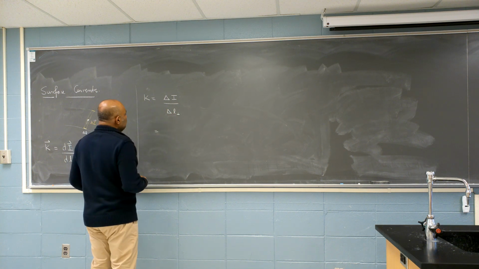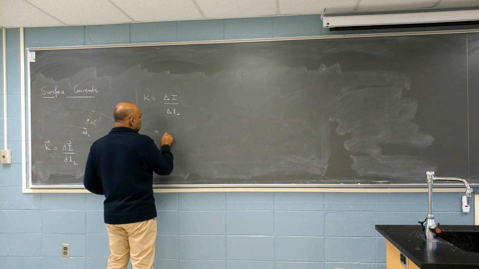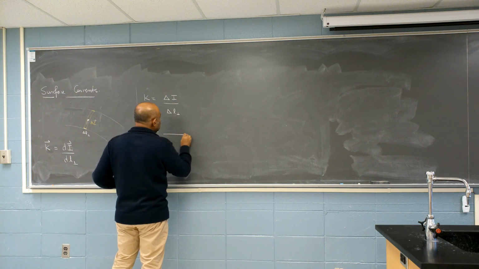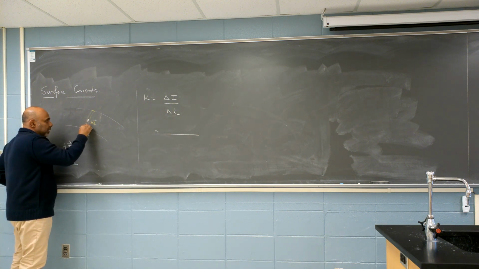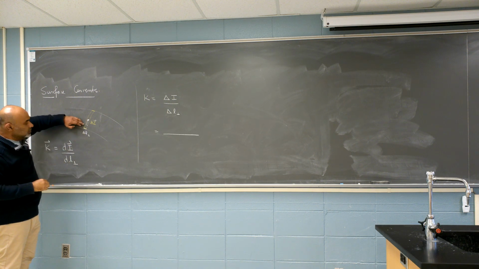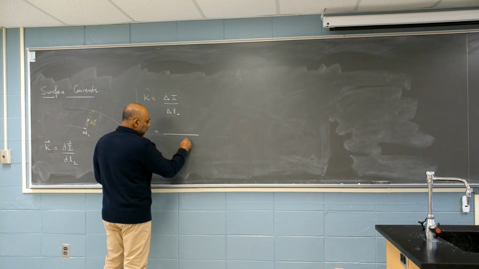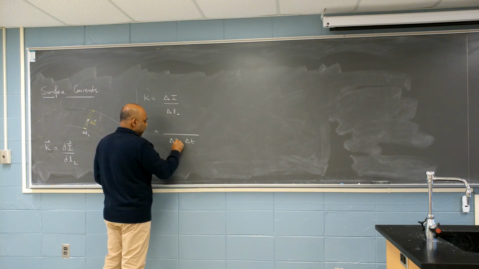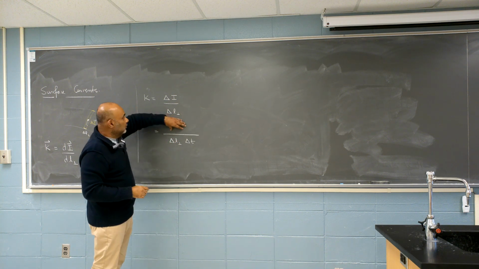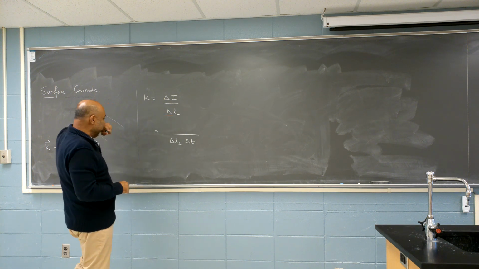So to do delta I, what I need to do is get the charge that crosses this in time delta t, and then divide by delta t. So I have to do a delta t first. There's this already. All I need now is the charge crossing that area.